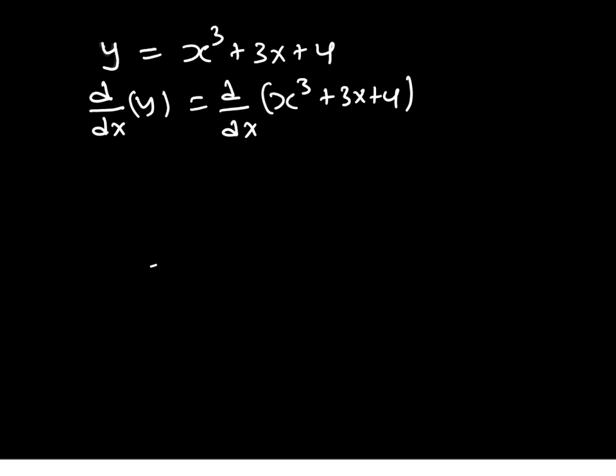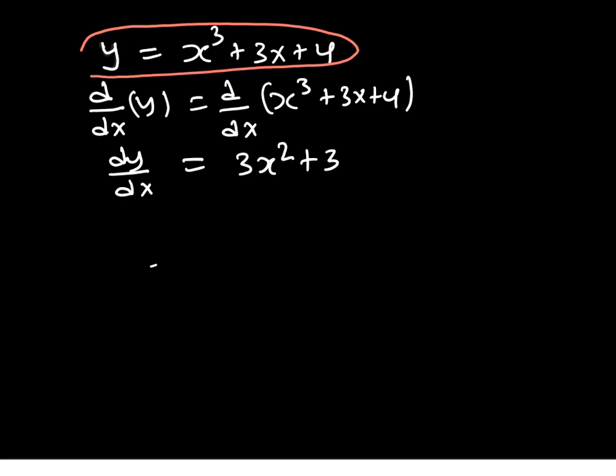When you differentiate, you get dy by dx giving us 3x squared plus 3, simply because 4 is a constant, and differentiating a constant gives 0. Now this process of starting with a function and then getting the differential coefficient is what we call differentiation.